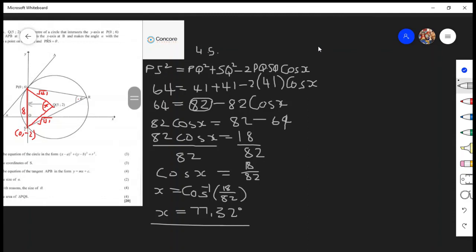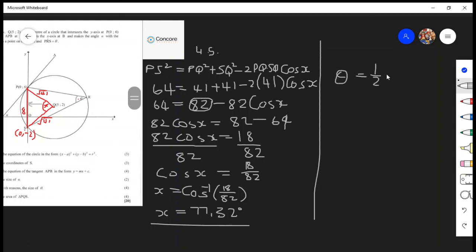Okay. So angles at the center theorem, we want to solve angle theta, so let's write it in a different way. We know that angle theta is going to be half of angle X, right?